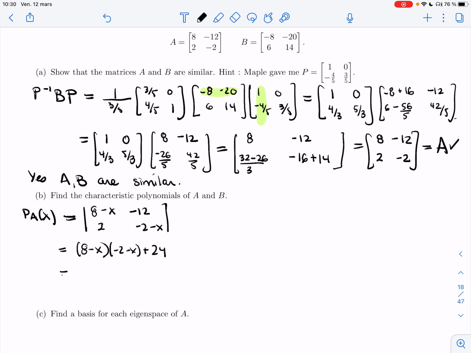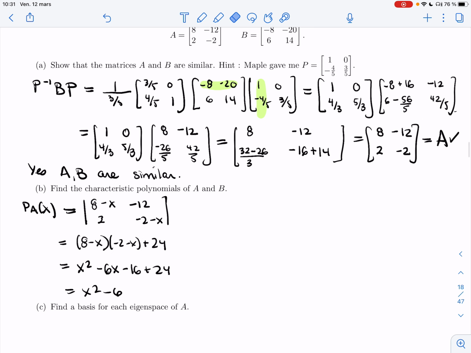And so I get x squared minus 8 plus 2, so minus 6x, minus 16 plus 24. I get x squared minus 6x plus 8.